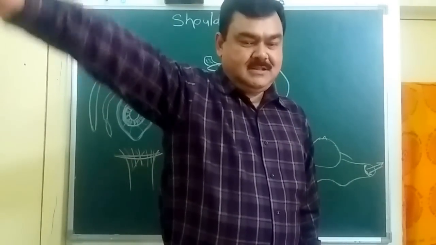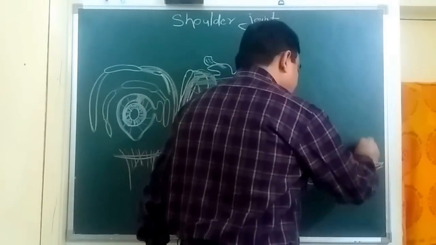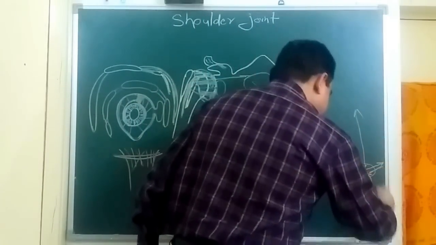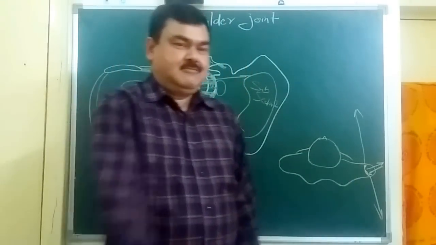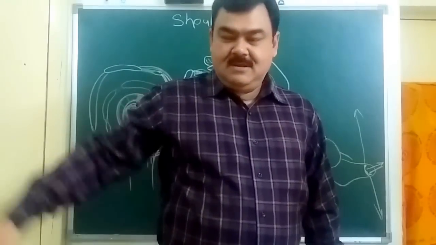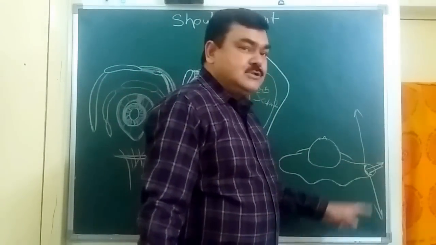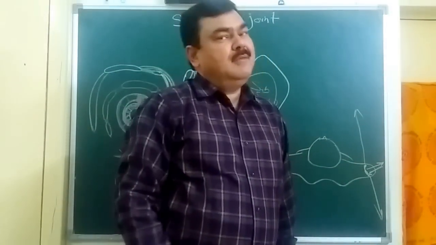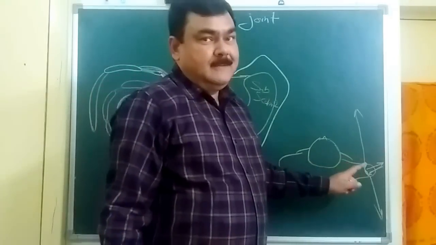This is abduction, this is adduction. And flexion and extension take place at right angles to this. Flexion, extension, adduction, abduction. And circumduction is a combination of all movements. These movements occur at the shoulder joint.